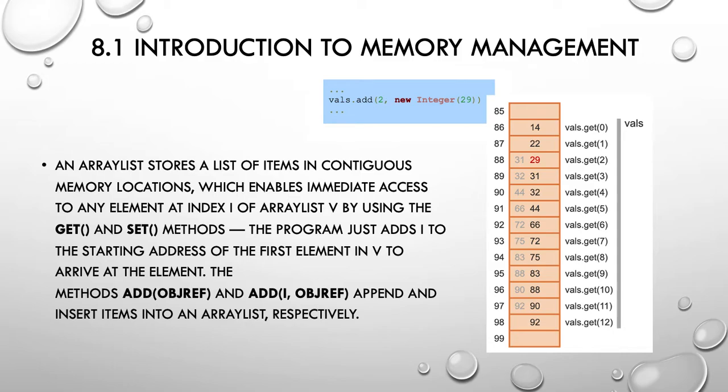So what is it actually? As you can see here, the example, right? According to the slide, an array is basically a contiguous memory where you use a get or set method.